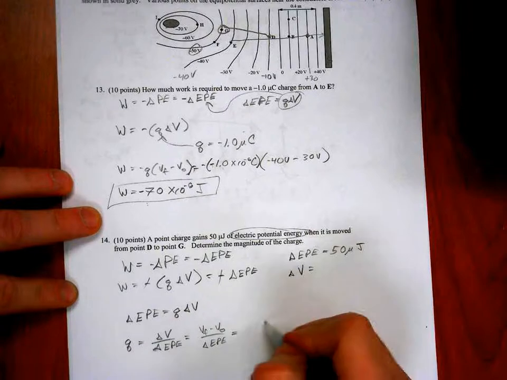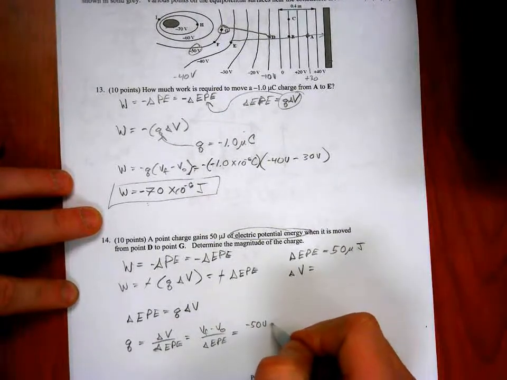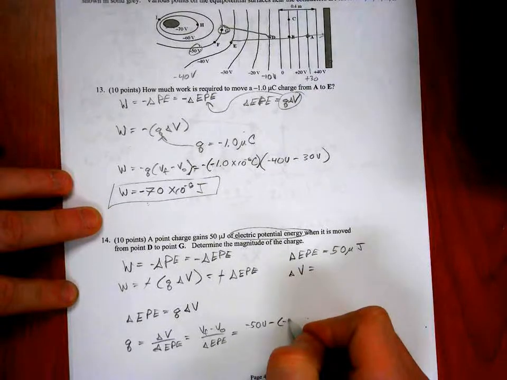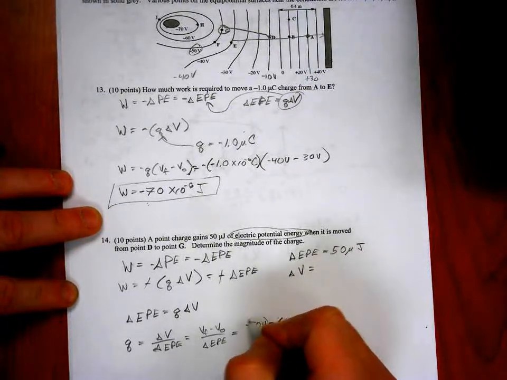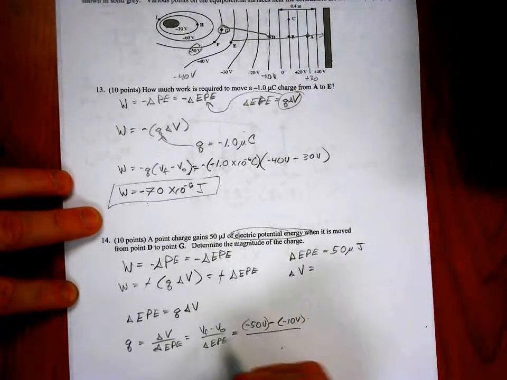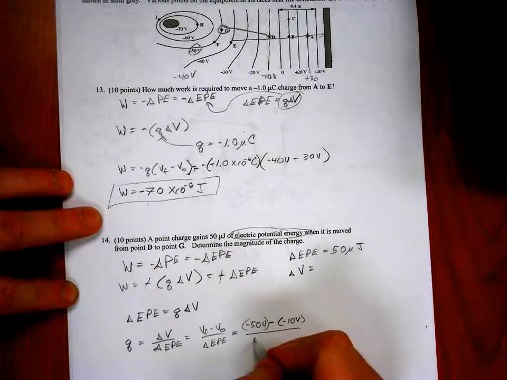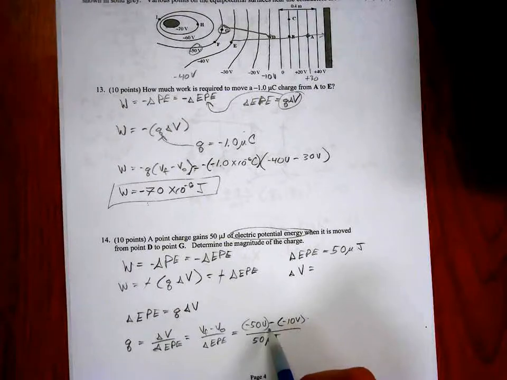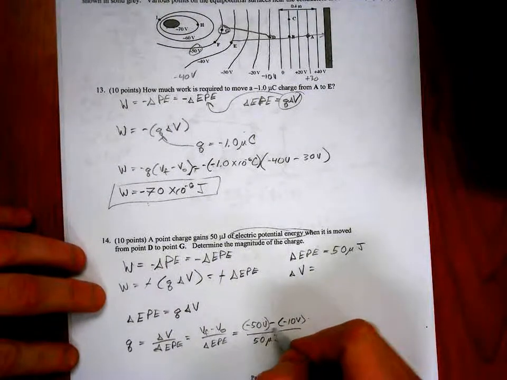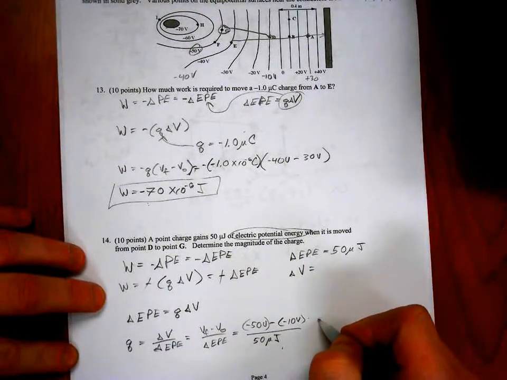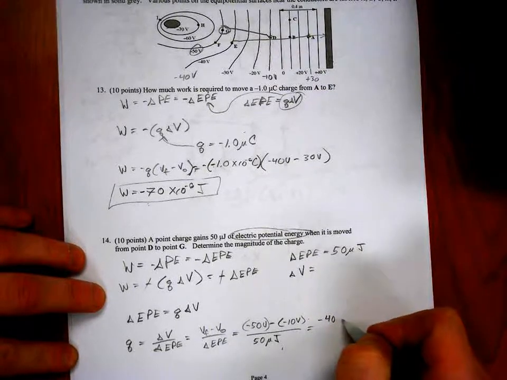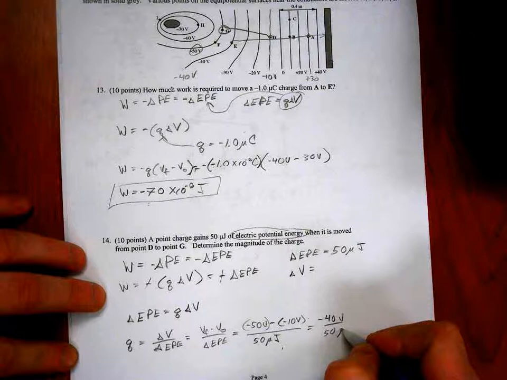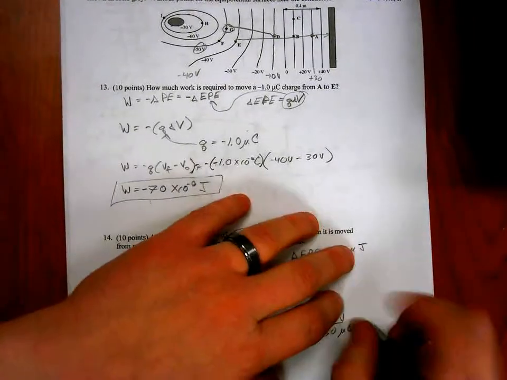So the final is negative 50 volts, and the initial is negative 10 volts, so it's minus negative 10 volts. Okay, and the change in potential energy is 50 microjoules. So this is going to be, let's see, negative 50 plus 10 is negative 40 volts over 50 microjoules.